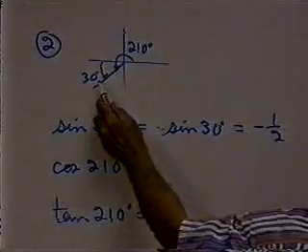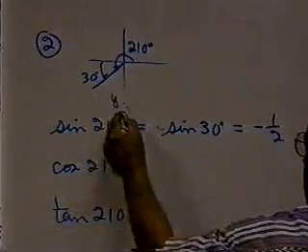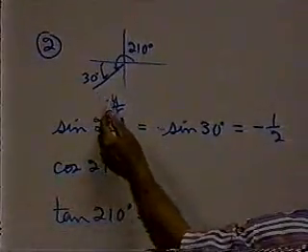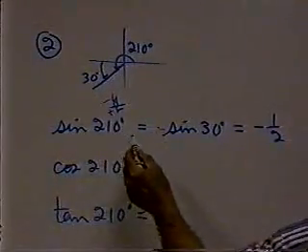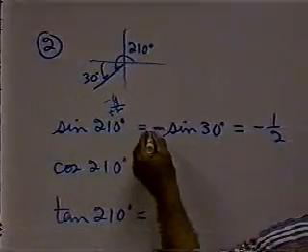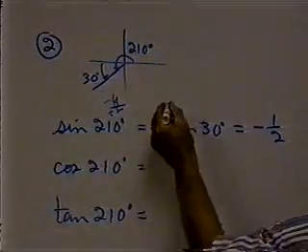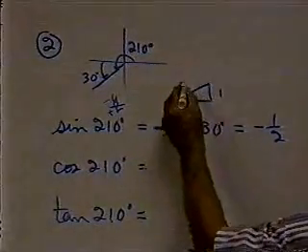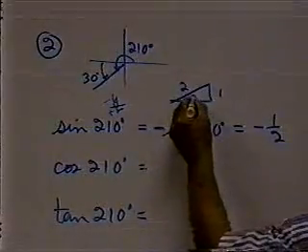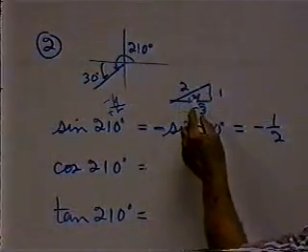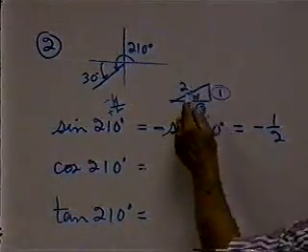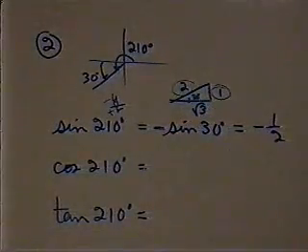Well, quadrant 3, sine is y over r. In quadrant 3, y is negative, r is positive. Therefore, the answer is a minus. Then 30 degrees is where we go draw our triangle. 1, 2, square root of 3. 30 degrees, side opposite over the hypotenuse. And you get the answer.